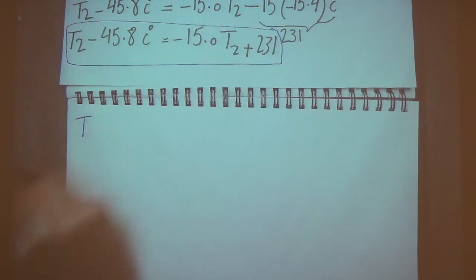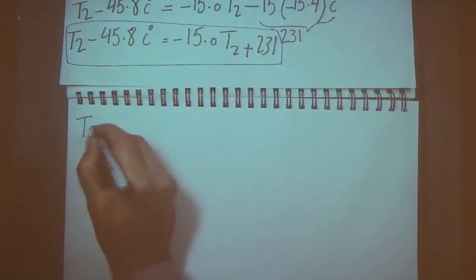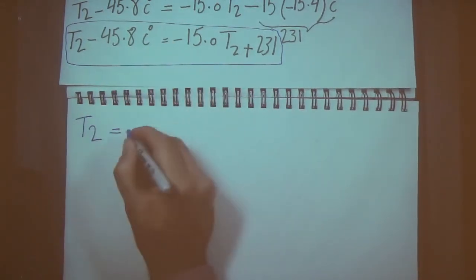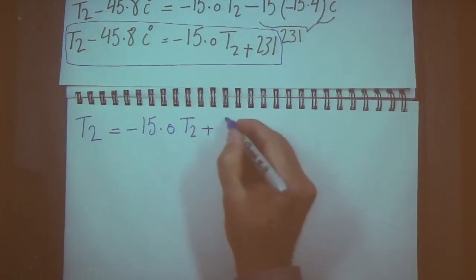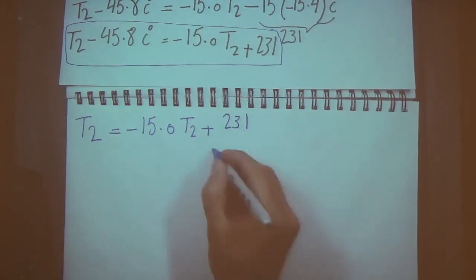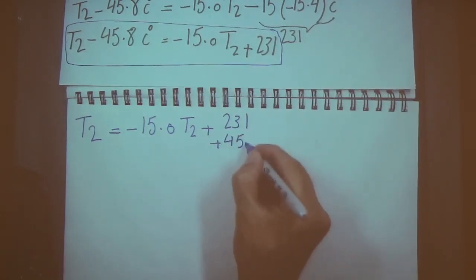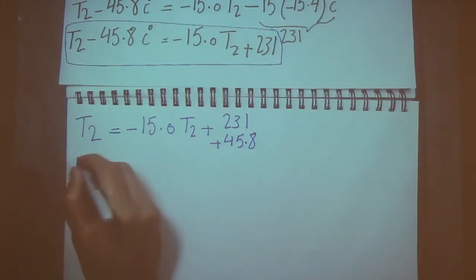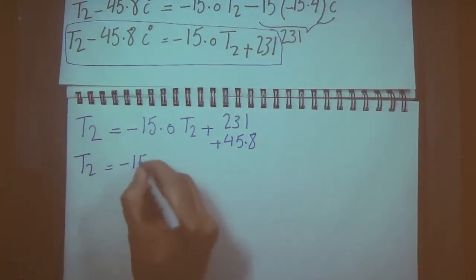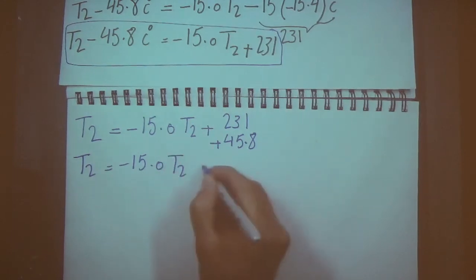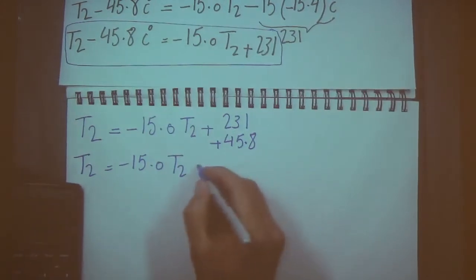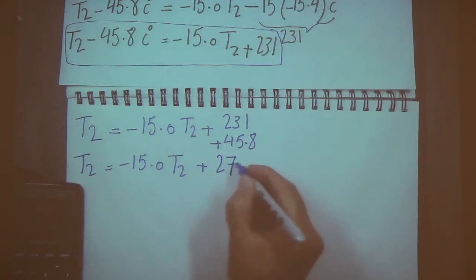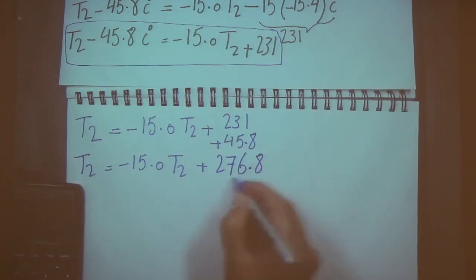If you add 45.8, it will be T2 equal to minus 15.0 T2 plus 231 plus 45.8. So I get T2 equal to minus 15.0 T2, and this one, 276.8.